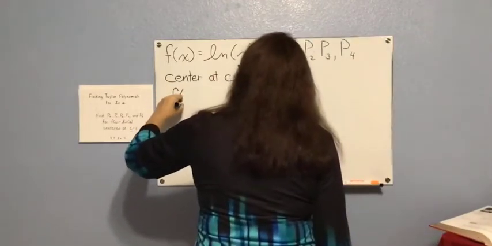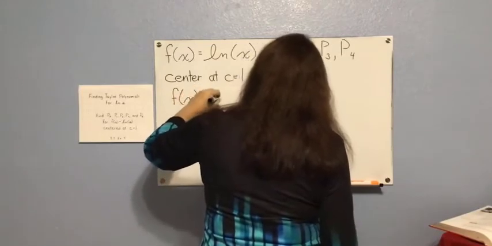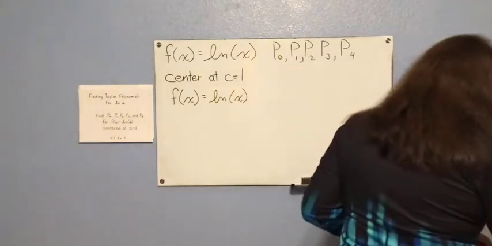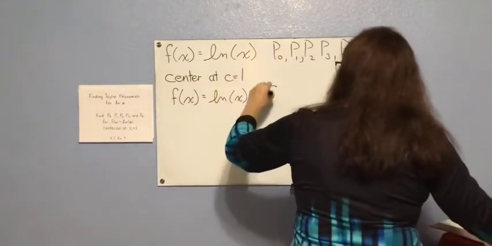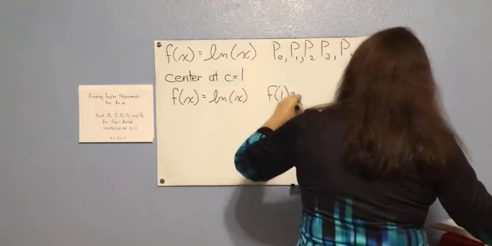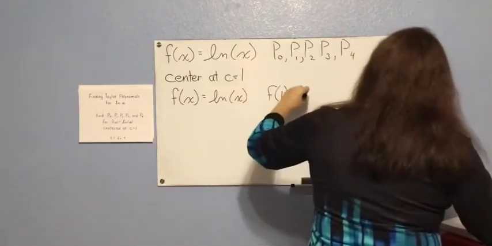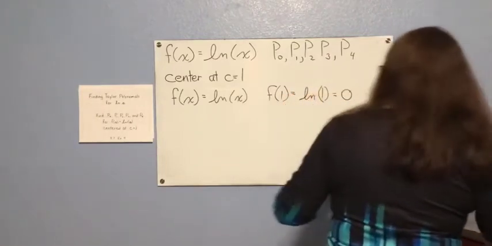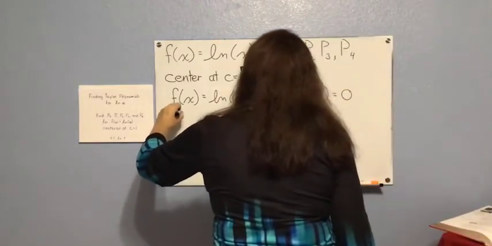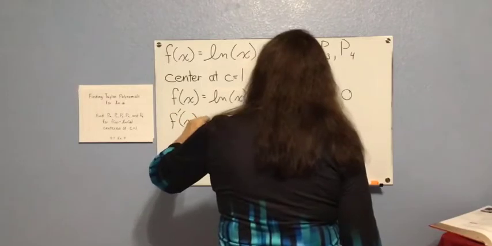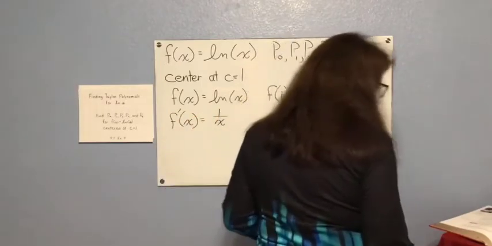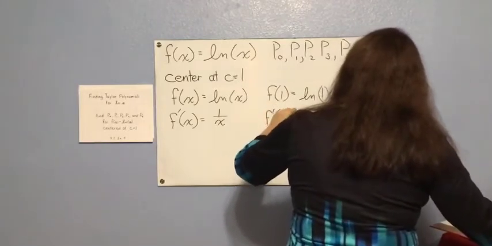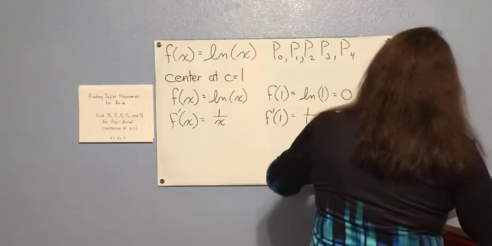So if f of x equals natural log of x, we could say that f of 1 is equal to natural log of 1, which is 0. F prime of x would then equal 1 over x, and f prime at 1 would then be 1 over 1, or just 1.